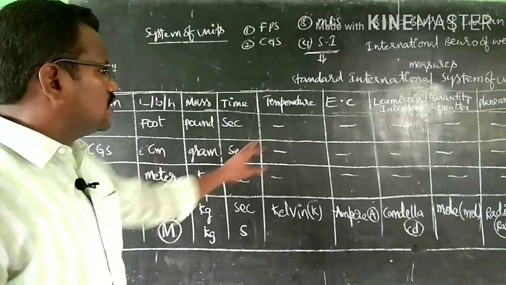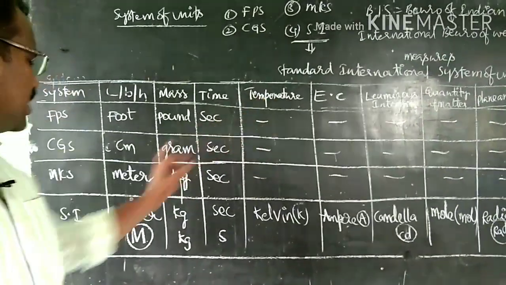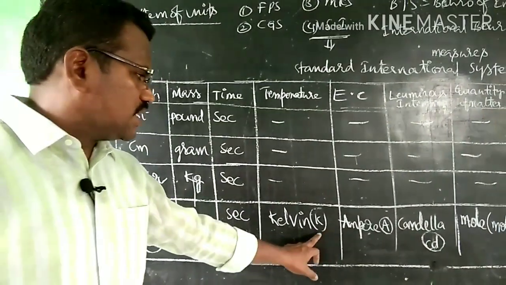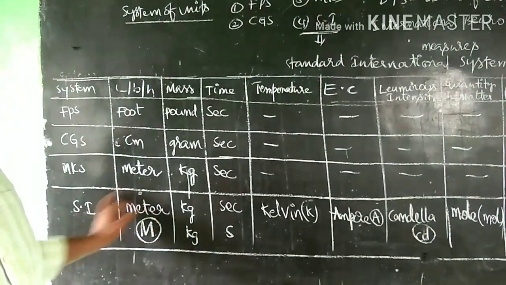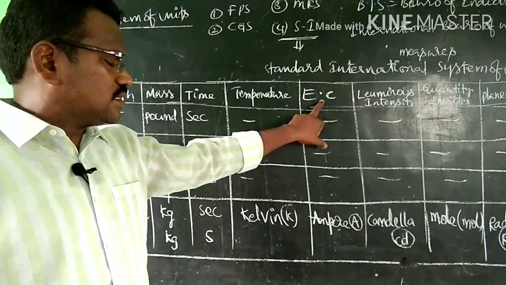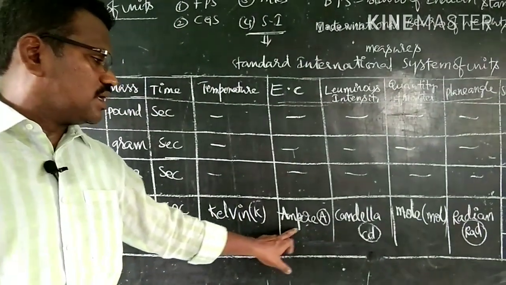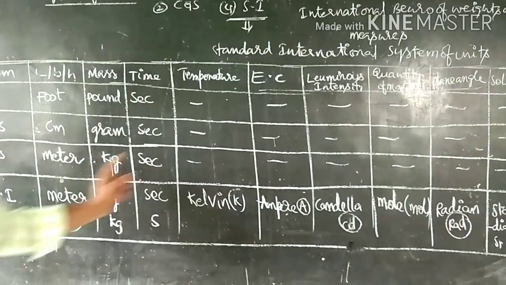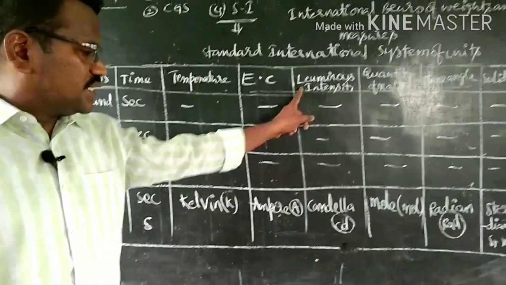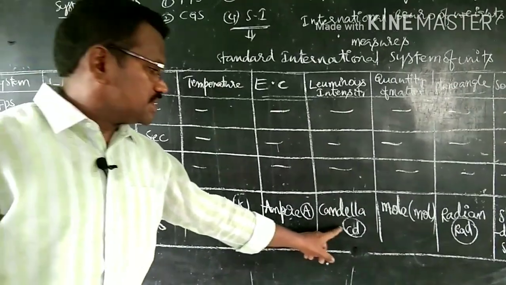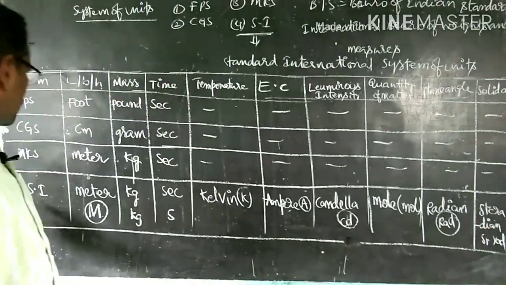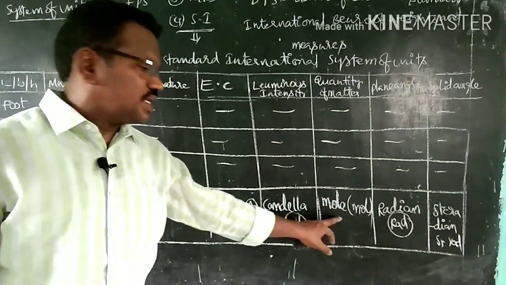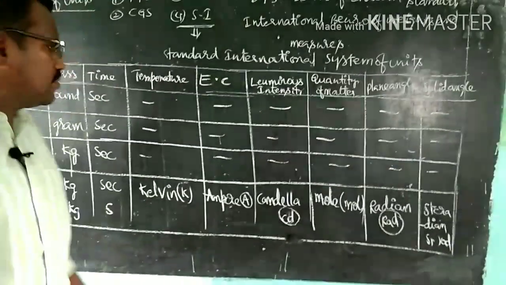Now comes to temperature. SI unit of temperature is Kelvin, represented by letter K. SI unit of electric current is ampere, represented by letter A. SI unit of luminous intensity is candela, represented by cd. SI unit of quantity of matter is mole, represented as mol.